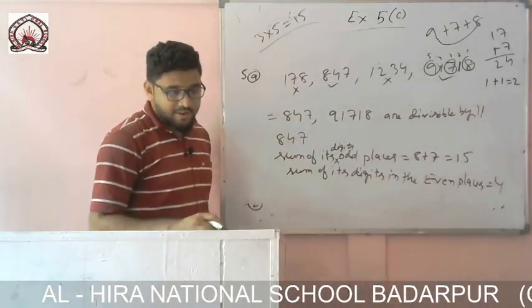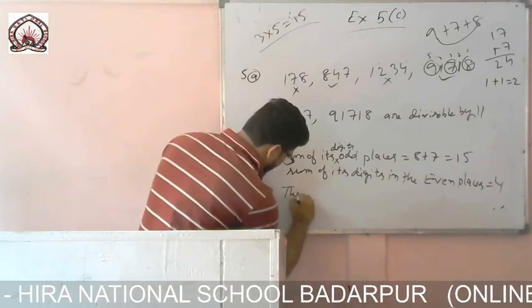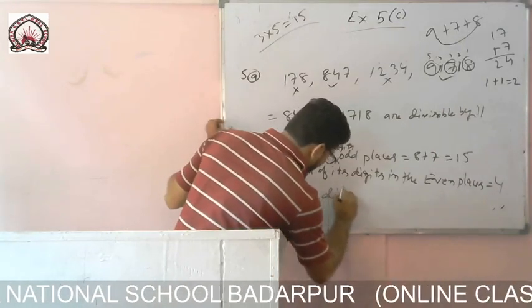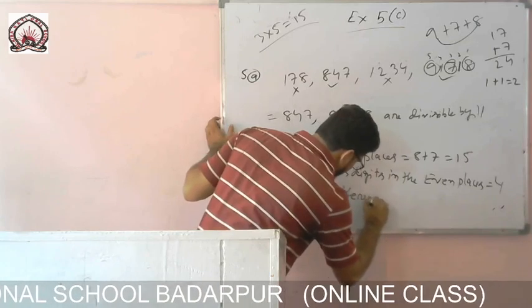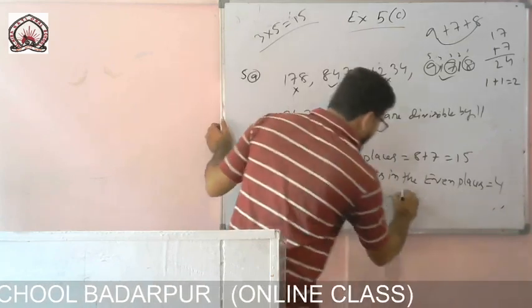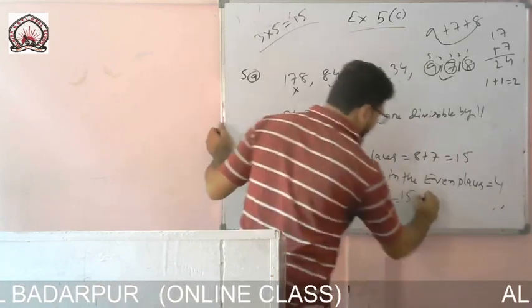Now their difference. Their difference equals what? Odd minus even.